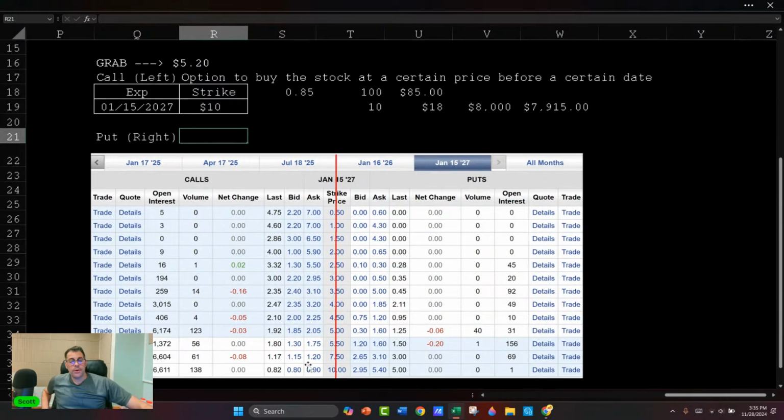And as you go further out of the money, it gets cheaper. You can see how expensive the options are. The bid is 220, the ask is 7. But once you get down here, it's under $1. And if you get further and further down, it's sometimes like 5 cents.